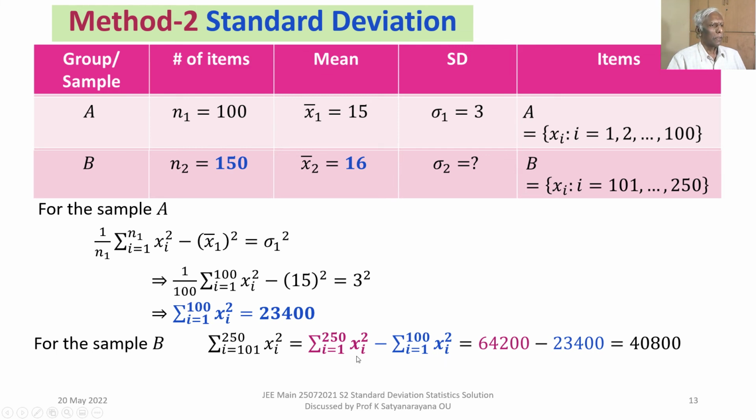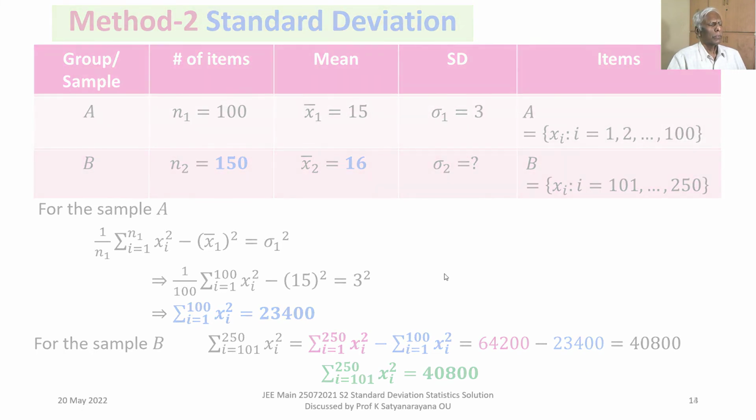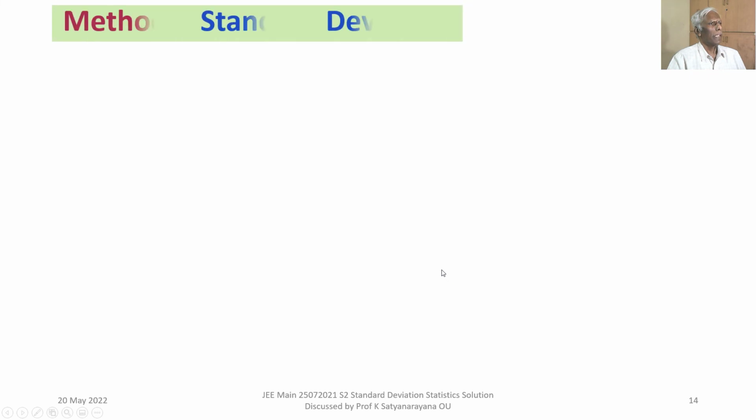That is, this one is 64,200 and this one is 23,400, and we got 40,800. So we got sigma i equals 101 to 250 xi square as 40,800.